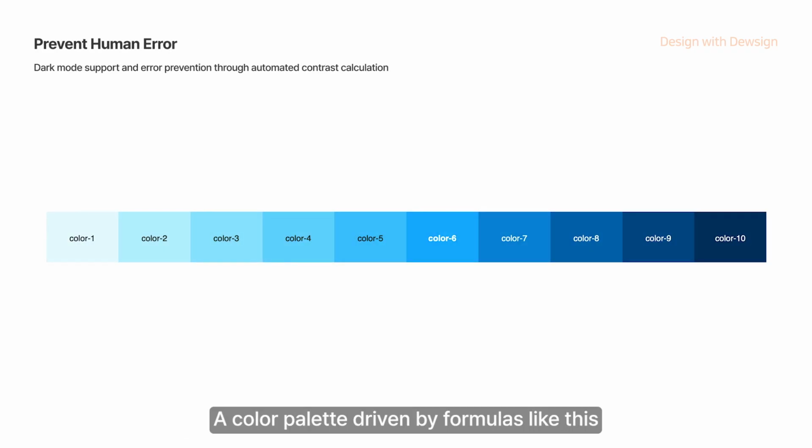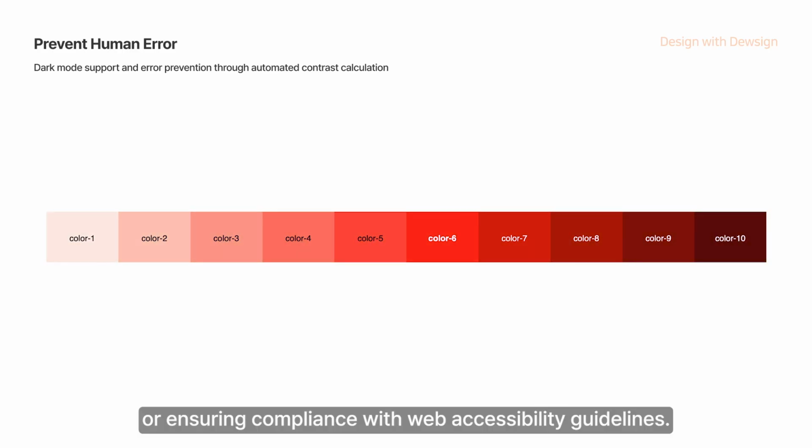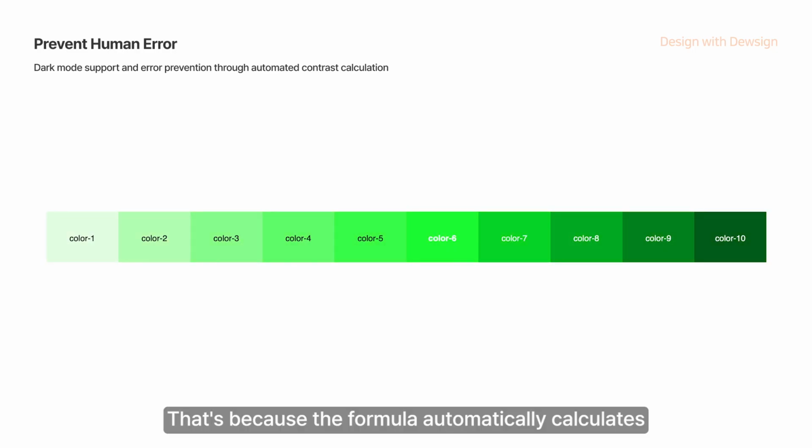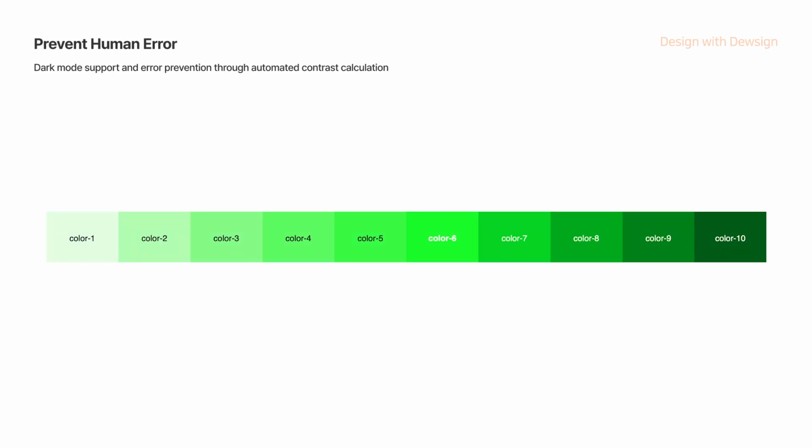A color palette driven by formulas like this becomes a huge advantage when designing dark mode or ensuring compliance with web accessibility guidelines. That's because the formula automatically calculates and completely prevents subtle contrast errors that are easy to miss when picking colors by eye.